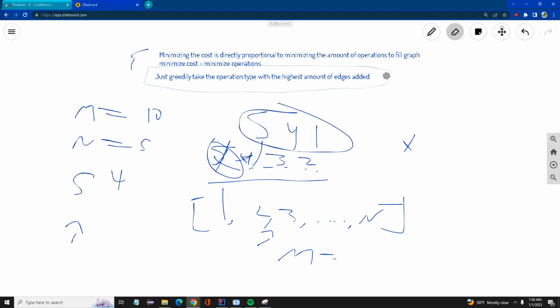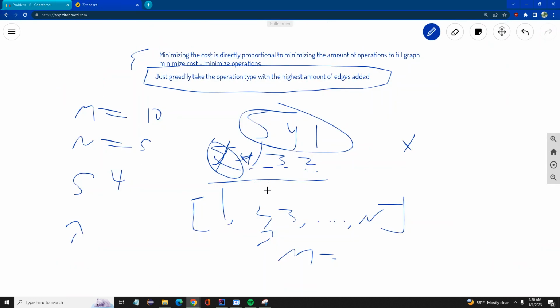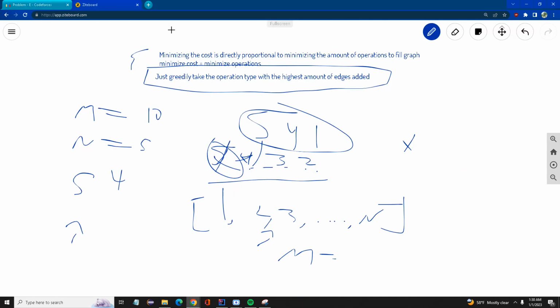This would only be a problem if 1 wasn't existing in this array, but it is existing in this array because we can choose any k. The operation says we can choose any number from 1 to n as our k, and we can add that many edges or whatever. Yeah, that's effectively just it.